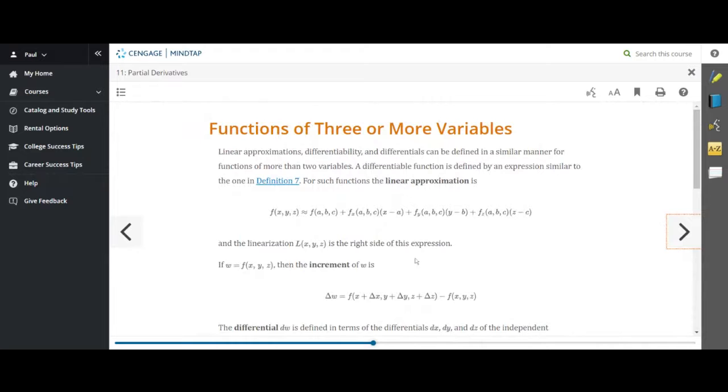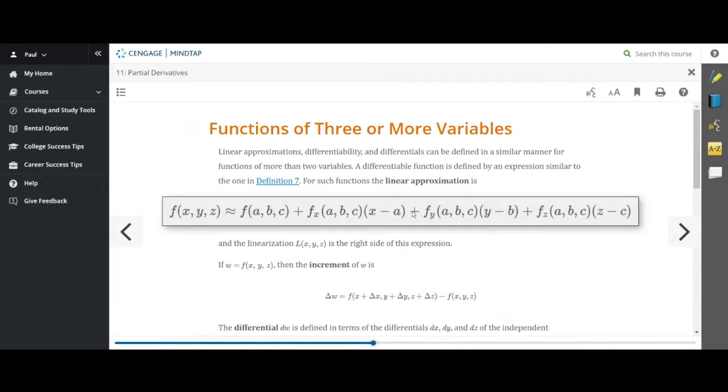Okay, so what if you have a function of 3 or more variables? Well, here's the linear approximation for a function of 3 or more variables. It's a natural extension, and I think it's pretty intuitive.